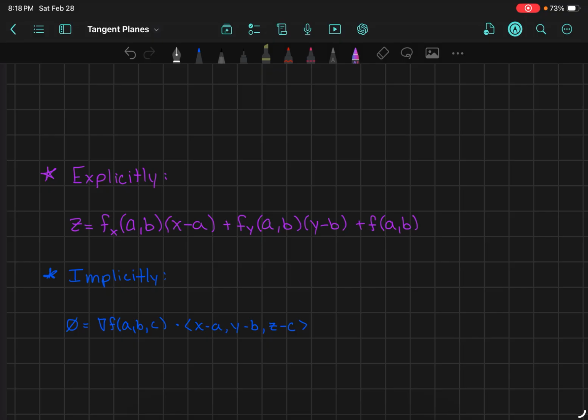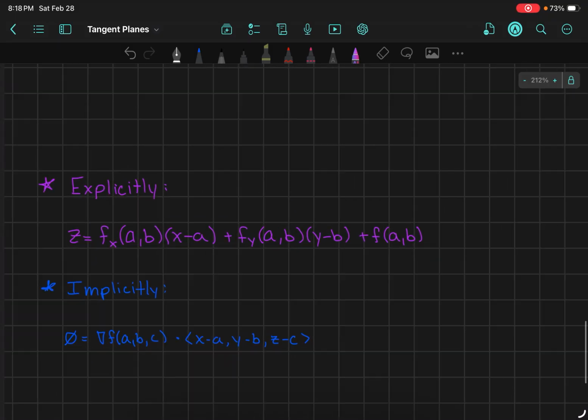Maybe not the best way to think about it, but you've got to do what you've got to do on an exam, right? So explicitly, our equation is z is equal to our partial of x at (a, b) times x minus a, plus our partial of y at the point (a, b) times y minus b, plus our f of (a, b). That's the explicitly defined function.